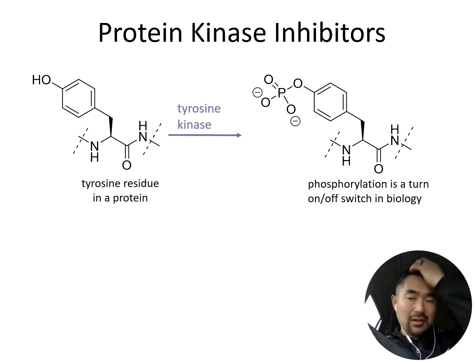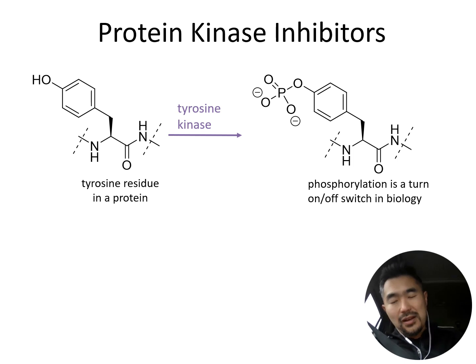Another pretty common target within anti-cancer drug development is kinase inhibition. There are a lot of biological cascades and pathways that need to be turned on, of course, for cell replication. And a lot of those processes are regulated by kinases.